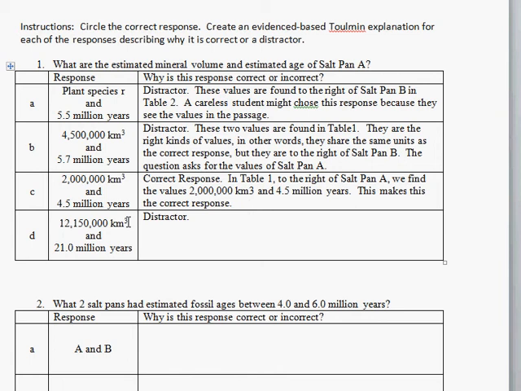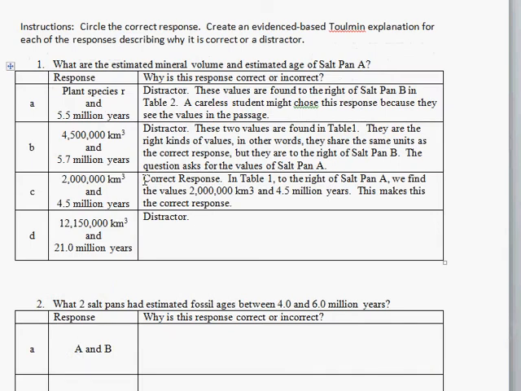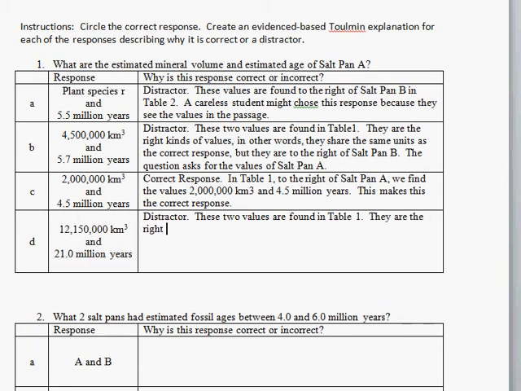The last one, 12,150,000 kilometers cubed and 2.1.0 million years is down here. So it's the same thing as the previous one, except it's salt pan D instead of A. These two values are found in table 1. They are the right kinds of values.